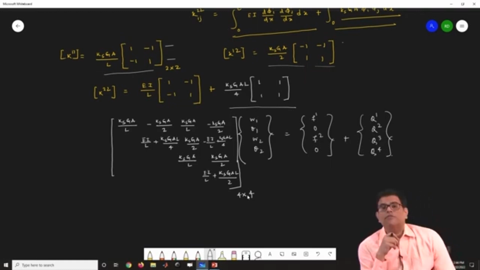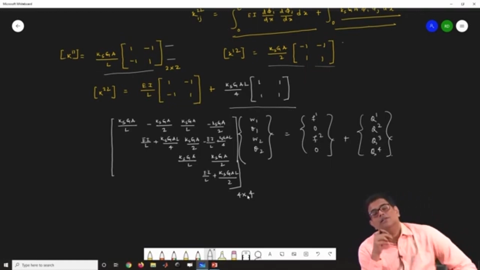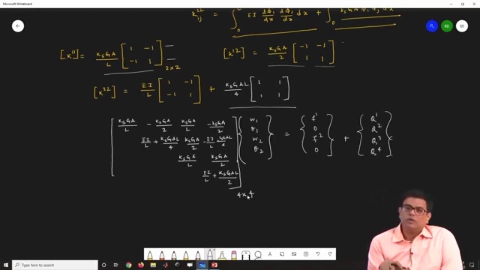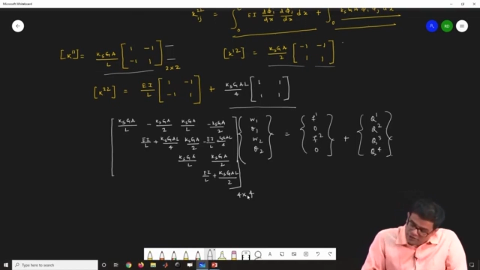Now this 4 by 4 stiffness matrix is very similar to what we derived for the Euler-Bernoulli beam, but this is for the Timoshenko beam. So naturally these values are different. So components of the stiffness matrix will obviously be different.